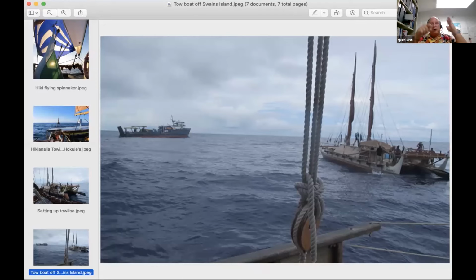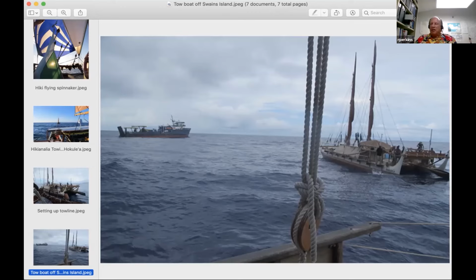But this big boat that you see here would come alongside, pick up our tow line and Hokulea's tow line and tow us away from Swains Island. Then we'd drop the tow line, we'd stay out there, and then the next day we'd either sail back for the most part, or sometimes I believe the towboat would have to come back out and get us, and we'd come back close in, and we would just sail off of Swains Island. We could not anchor.